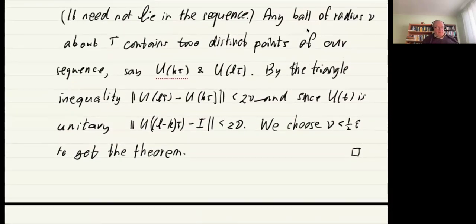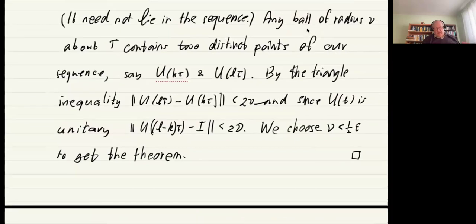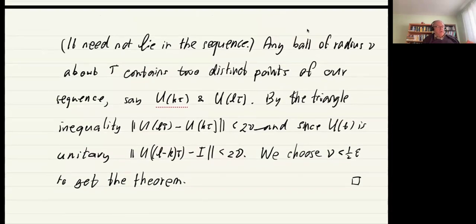A couple of comments. This could be viewed as an instance of what's called the Poincare recurrence theorem. That's a more general result, but the proof is quite close to what I've just done.